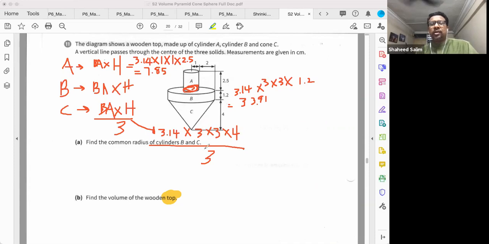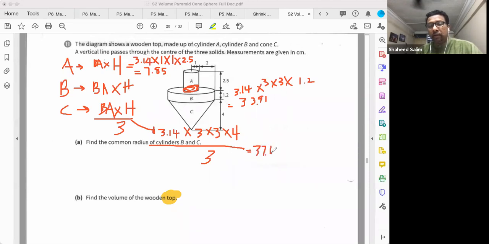So you can actually cancel one of the 3's here. You get 3.14 times 3 times 4. Shortcut. 37.68. Now you add them up.